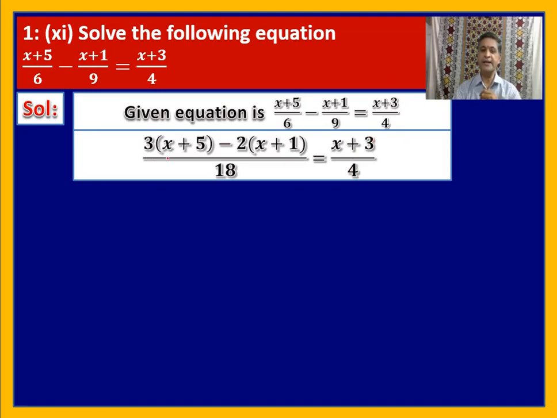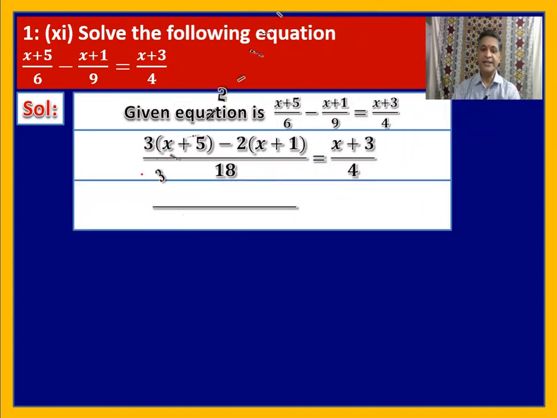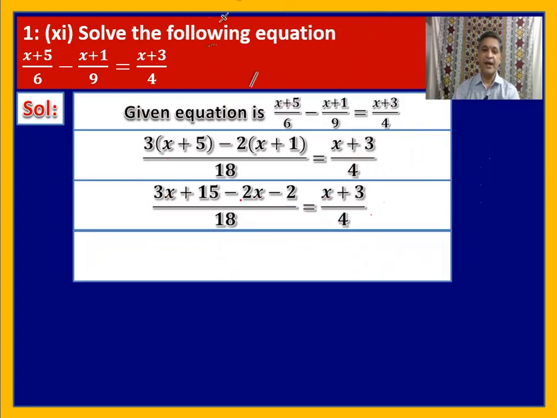So by expanding this, you get 3x plus 15 minus 2x minus 2 by 18 is equal to (x plus 3) by 4. So here 3x minus 2x, you get 1x. 15 minus 2, you get 13. So (x plus 13) by 18 is equal to (x plus 3) by 4.